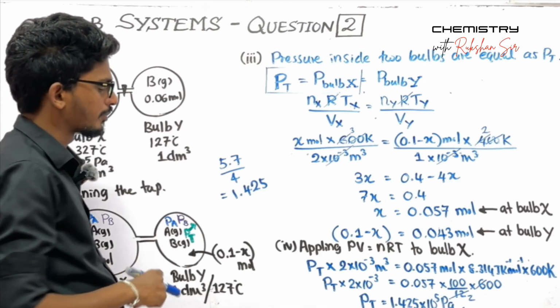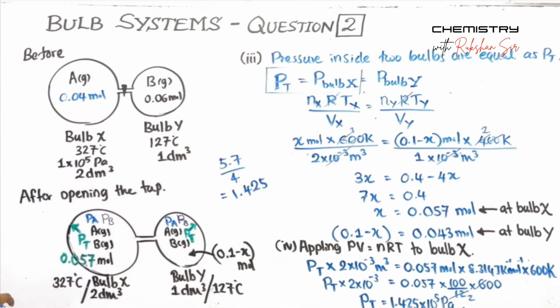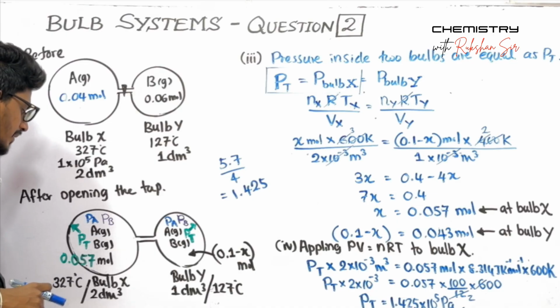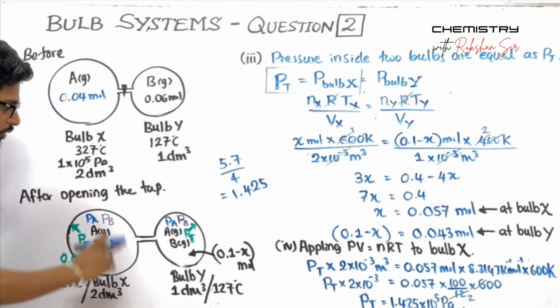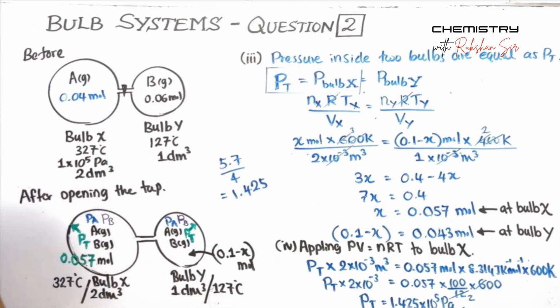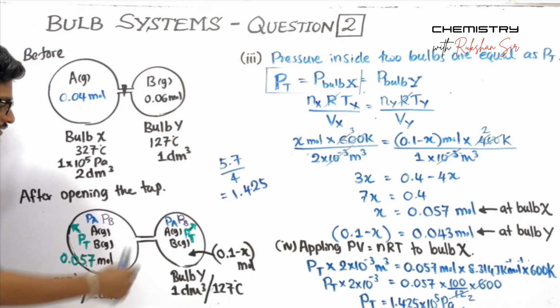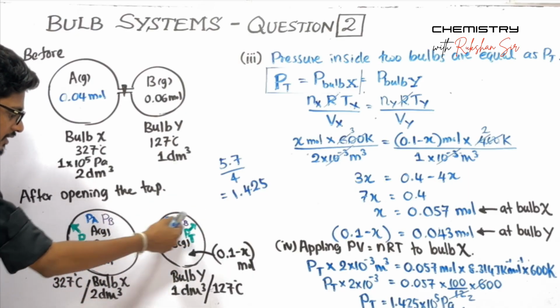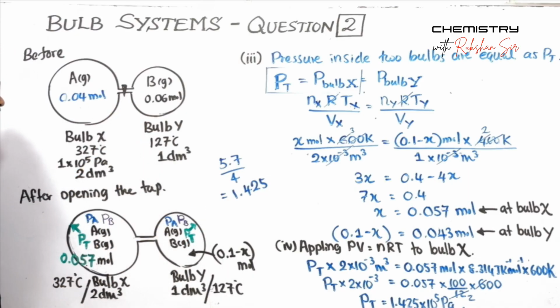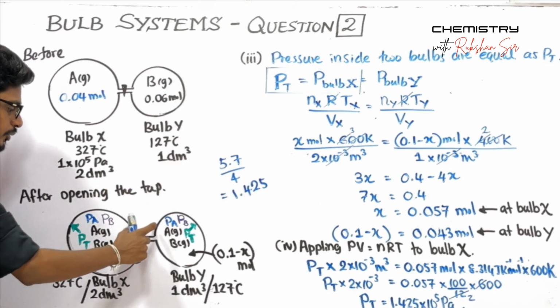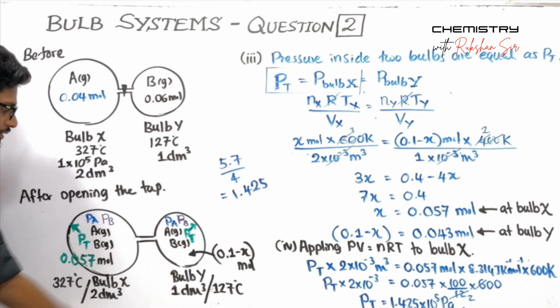So that is the total pressure, which will be applied on bulb X as well as bulb Y. In the whole system, that is the total pressure. There is just one single wall for the total system now. You don't have two walls, as the two bulbs are not separated by the tap.